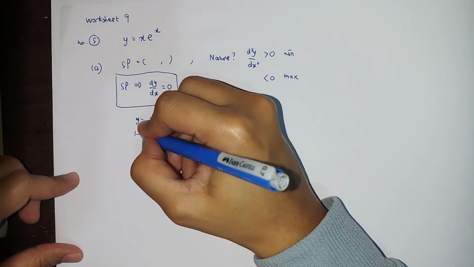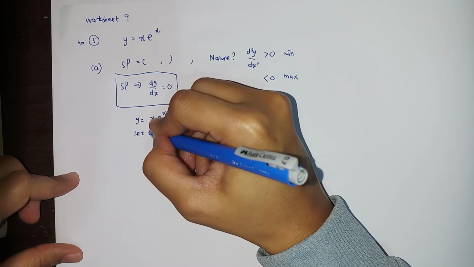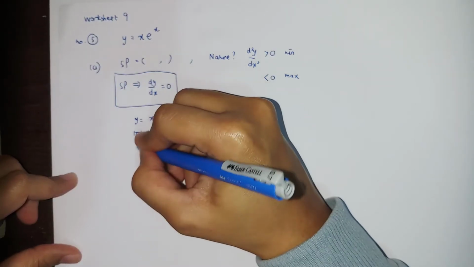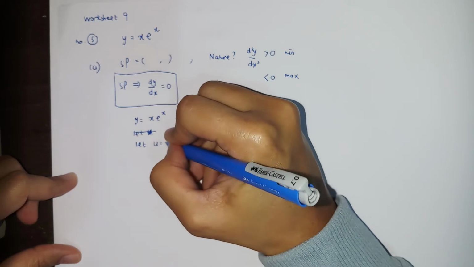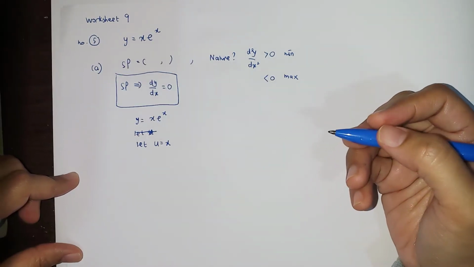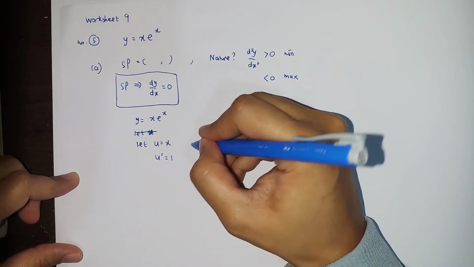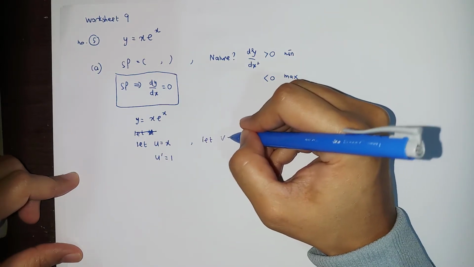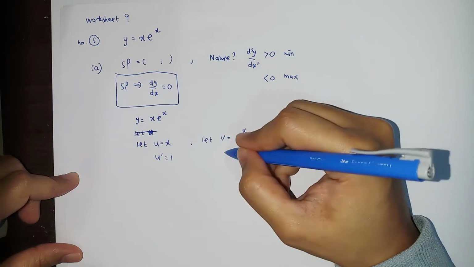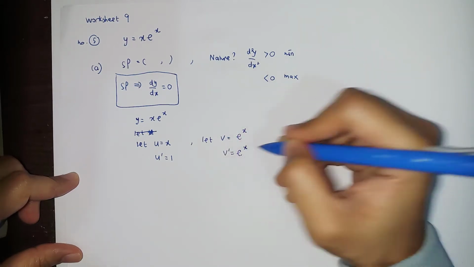For the product rule, you let u equal x, so u prime is equal to 1. You let v equal e to the power of x, so v prime is just e to the power of x again.